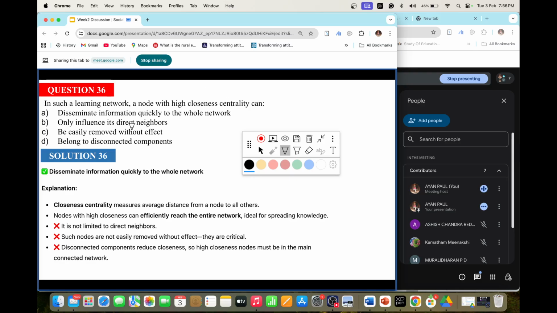Only influences direct neighbors might look true, but we cannot say it only influences them, so I think it is false. Easily removed without effect, or belonging to disconnected components, we cannot say so.